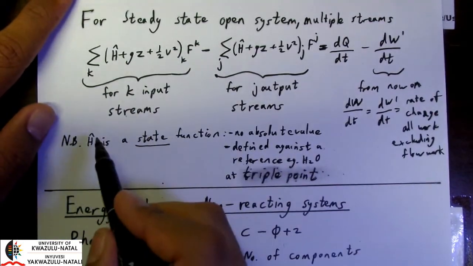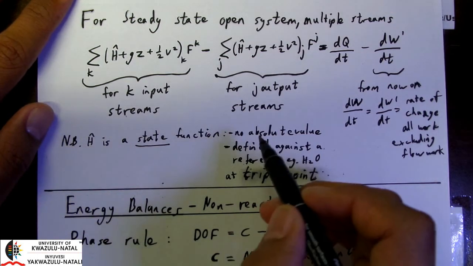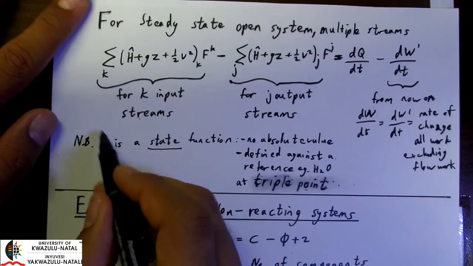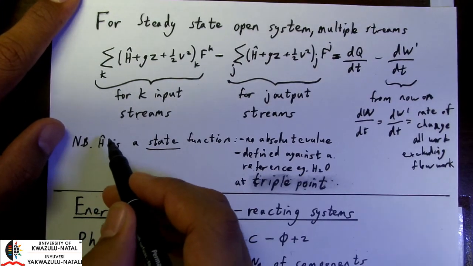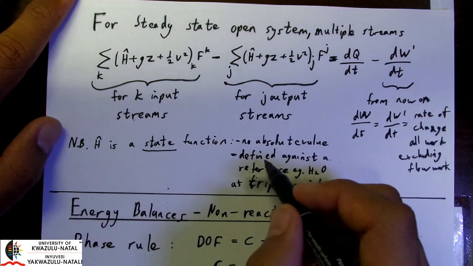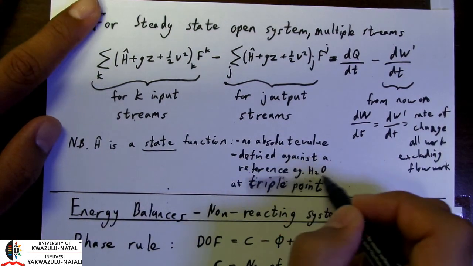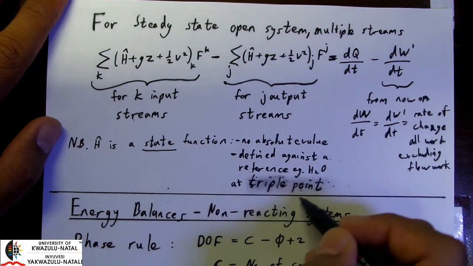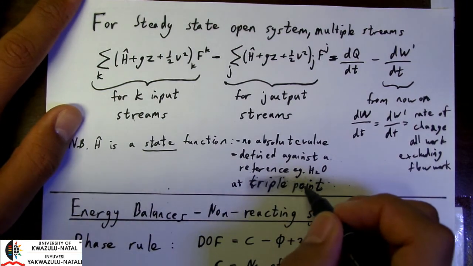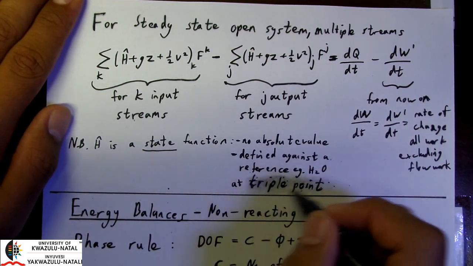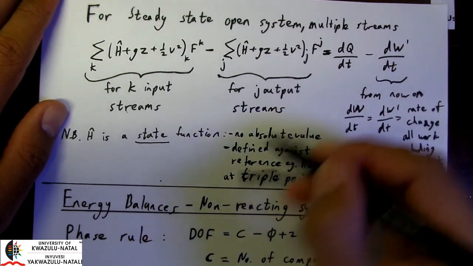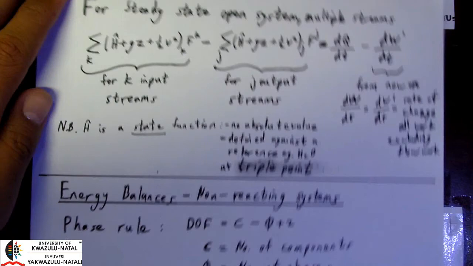So remember, there is no absolute value of enthalpy. The enthalpy of any substance, whenever it has a value, is simply a value expressed against the reference point of the enthalpy of water at triple point. So we set as our datum point that the triple point of water has an enthalpy of 0, and anything above that is of course compared to this point.